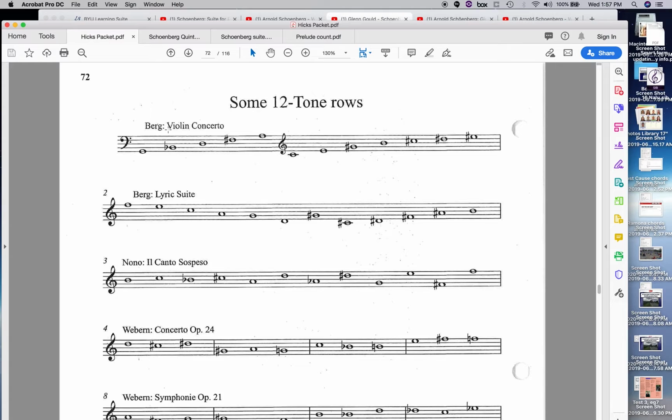Berg was an interesting composer. He was not altogether convinced of the idea of atonality. He loved to have an ambiguous halo of tonality sort of floating in the background of atonality.